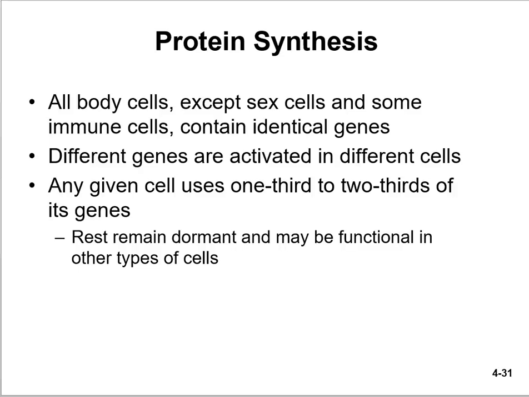Any given cell uses about one third to two thirds of its genes. The rest remain dormant and may be functional in other types of cells. So we actually have segments of DNA that act as switches that turn on genes or turn them off. Plus, the way that our genes have different functional groups added can also determine whether a gene will be functional or not.